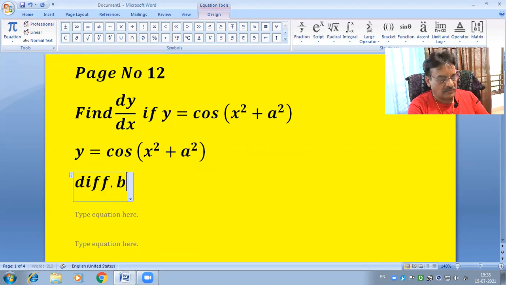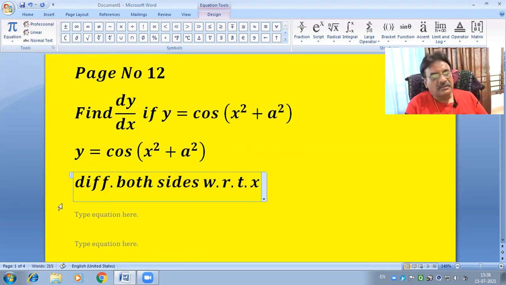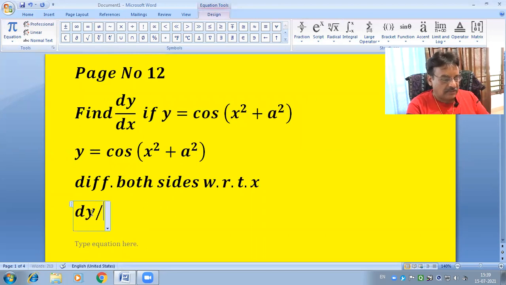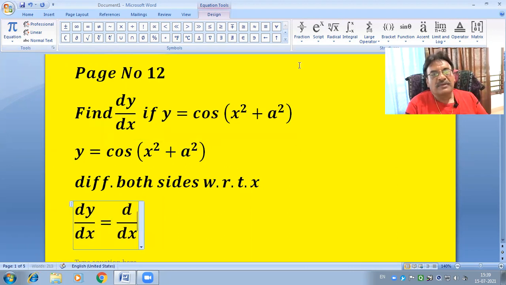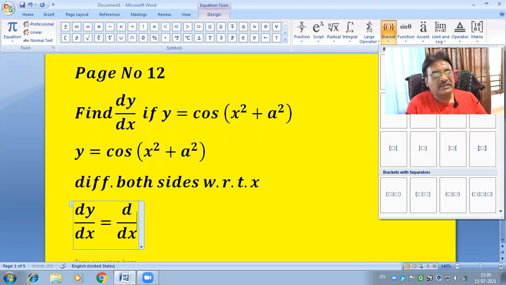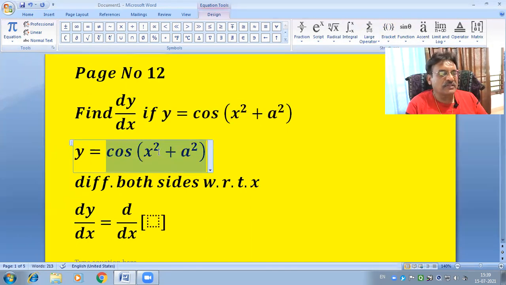Therefore, d by dx of y, so we write dy by dx, is equal to d by dx of the right hand side function, which is cos of (x square plus a square).